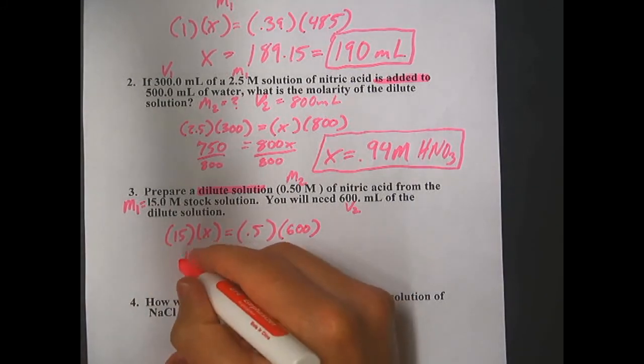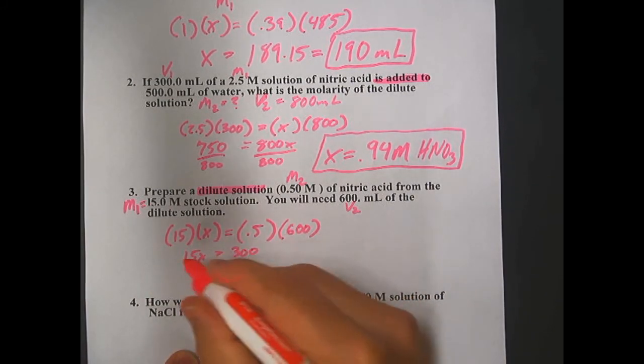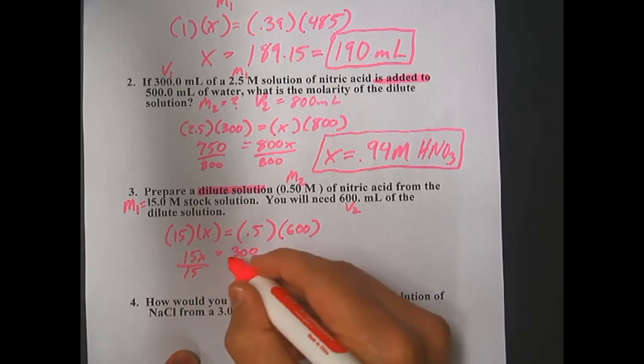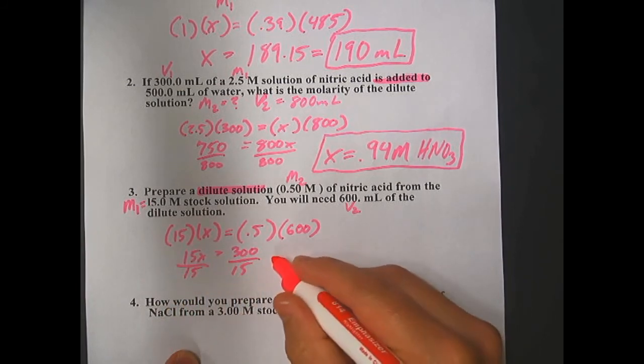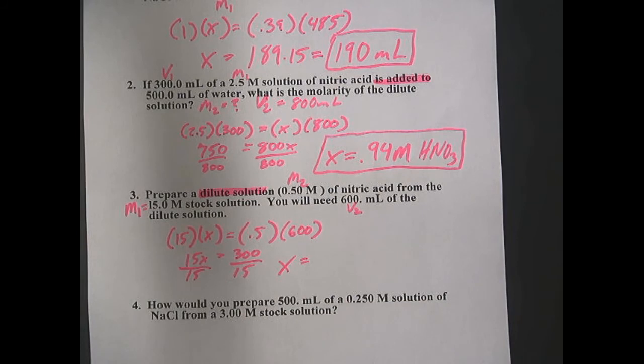So we have 15x here. Half of 600 is 300. So 300 divided by 15 will give us the quantity of the concentrated solution that we need. So 300 divided by 15, what's that? 20? I think it's 20.